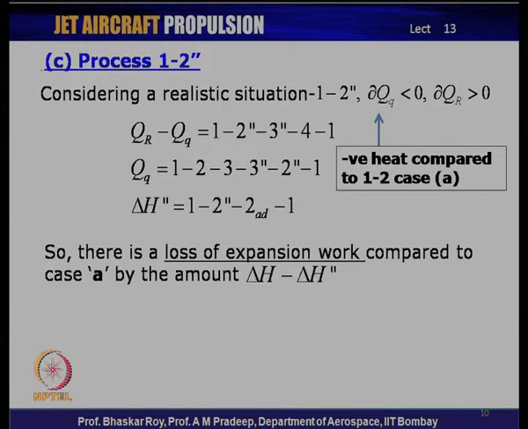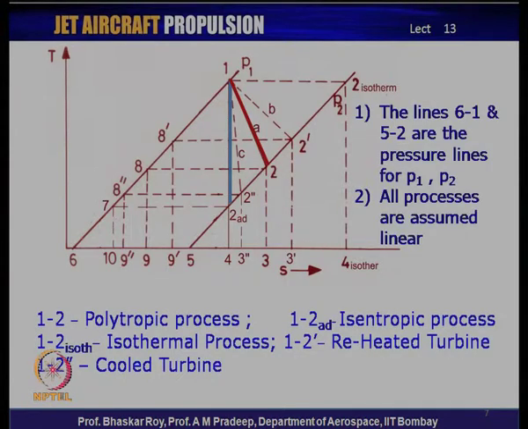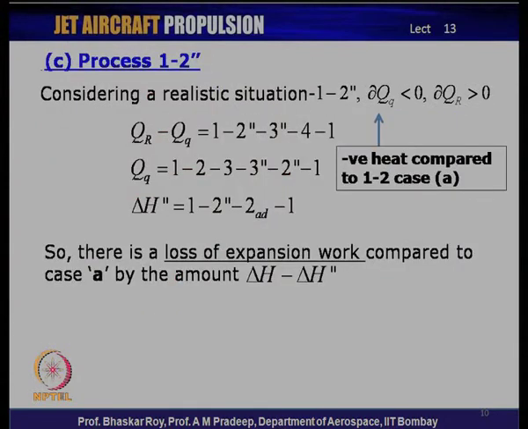So, this difference between these two can be given in terms of 1, 2 double prime, 3 double prime, 4, 1. Let us take a look at the picture. So, 1, 2 double prime, that is a dotted line down here, and 3 double prime and 4 and then 1. That is the net heating that may be going on, the difference between the heat that is taken out by cooling and the heat that is added by maybe friction internally.